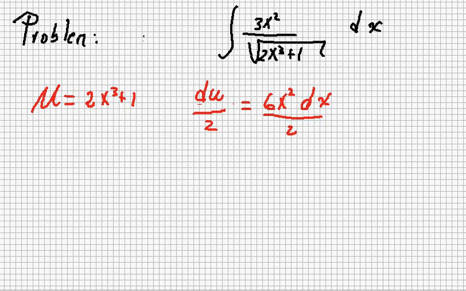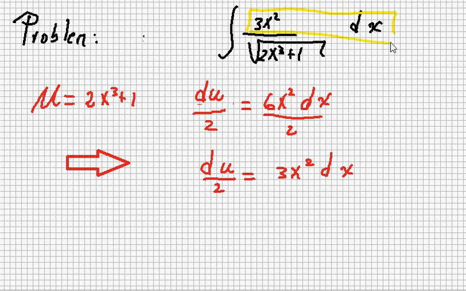Of course, this implies that du divided by 2 is equal to 3x squared dx. And if you notice, right now I have exactly what appears up here, in terms of du. So du over 2 is equal to 3x squared dx.